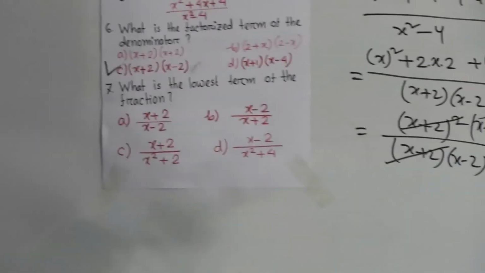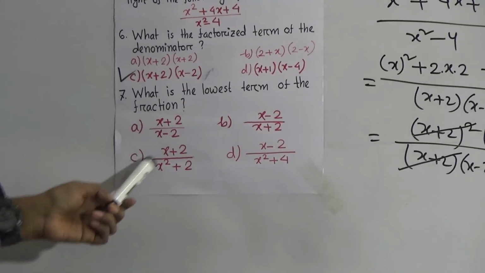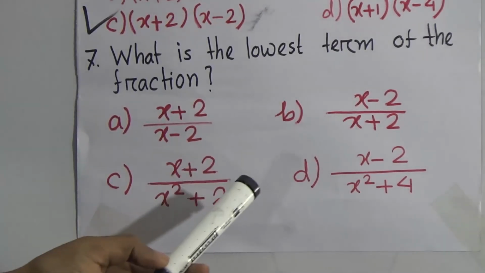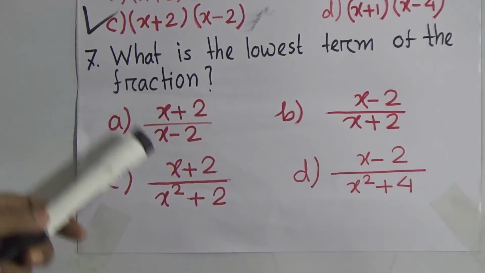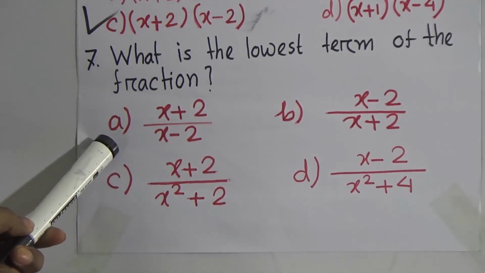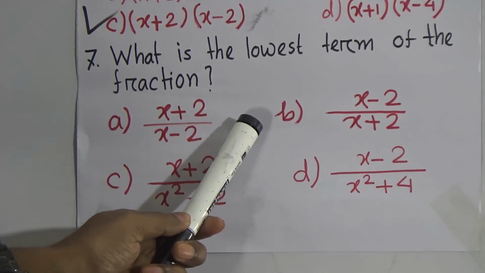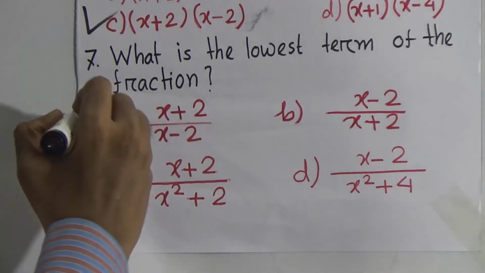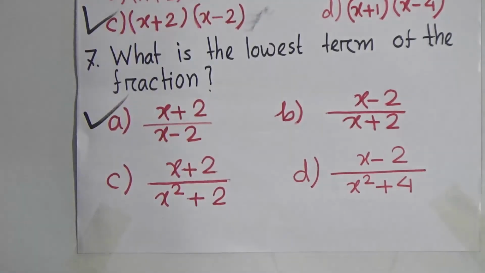Which one is the correct option for question number 7? Option A, x plus 2 by x minus 2. So option A is the correct option.